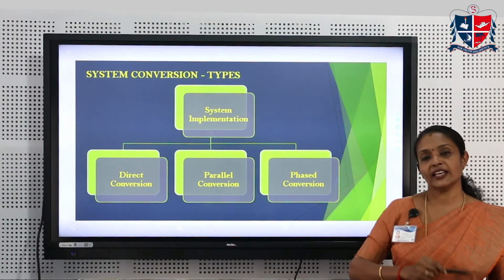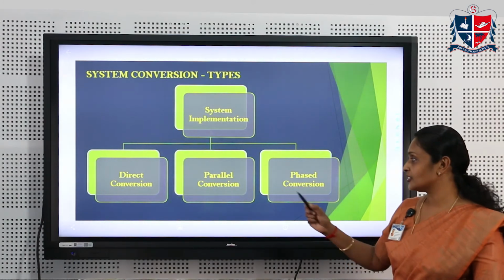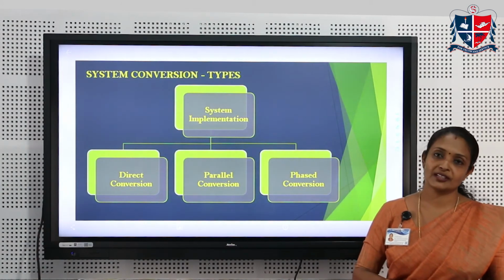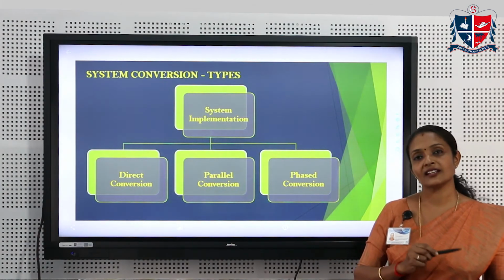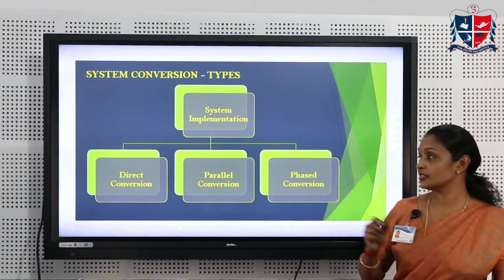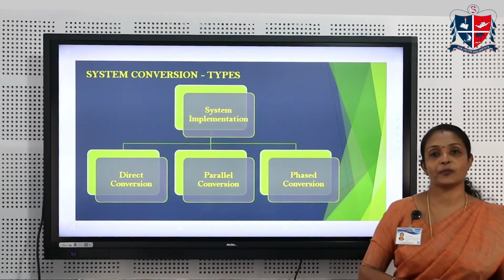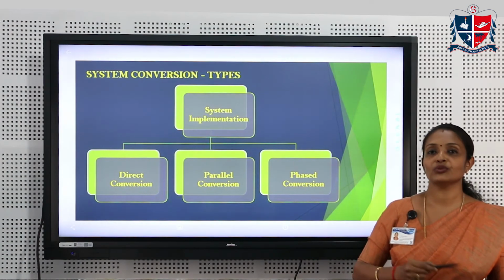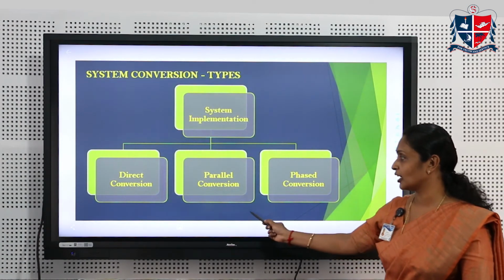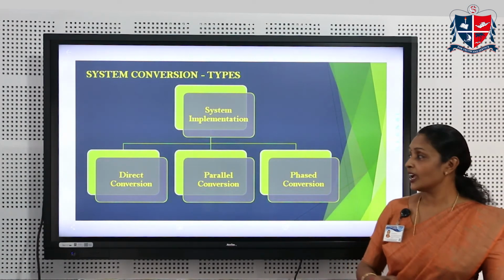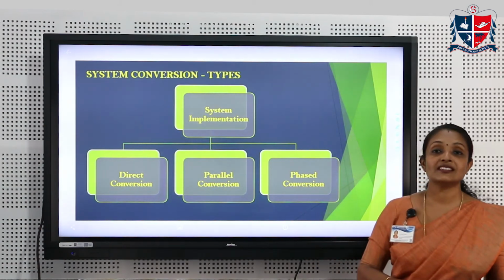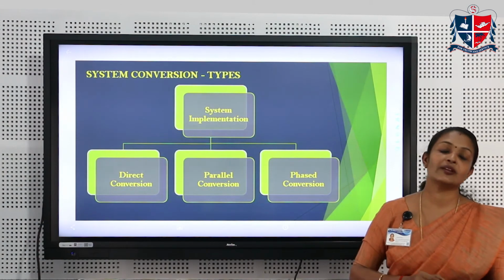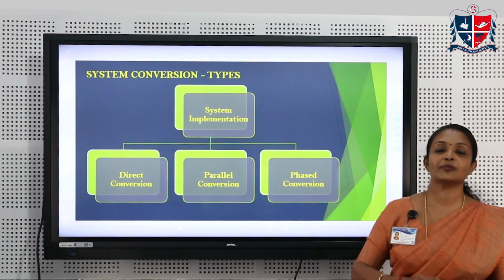And at the end of that particular period, we check the results from both the manual system and the computerized system. If both the results are the same, then we can say that the system is working properly. Then we can gradually move on to the new computerized system. That is in the case of parallel conversion. And the third one is phased conversion. Phased conversion means we are installing or implementing the software phase by phase.